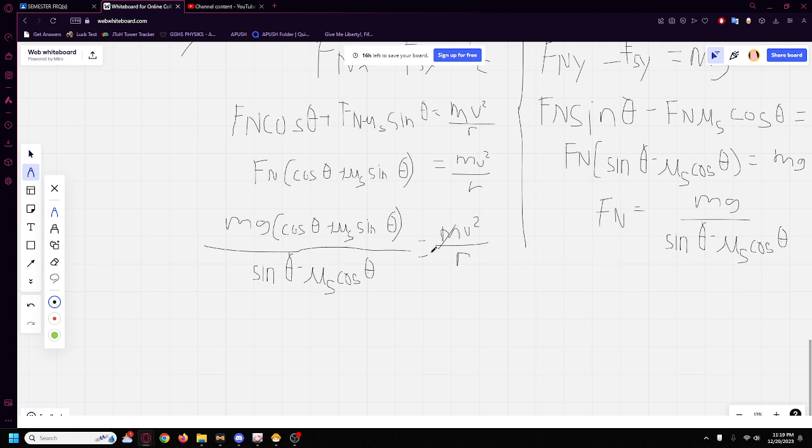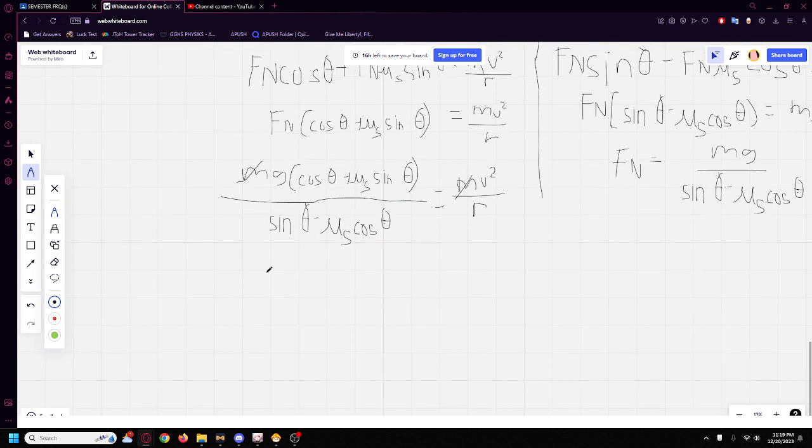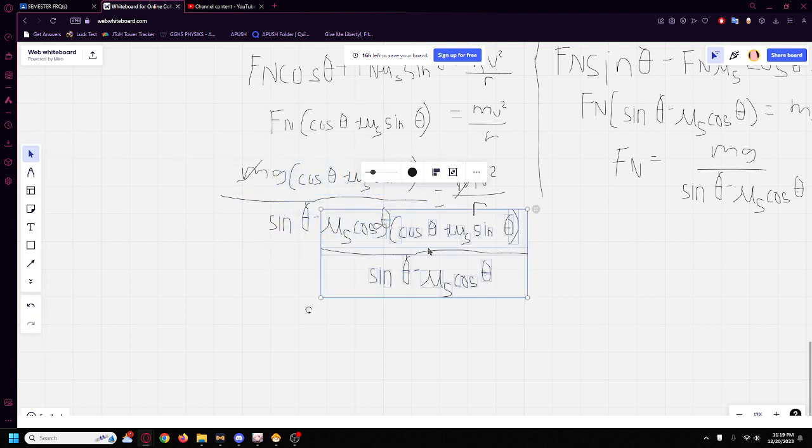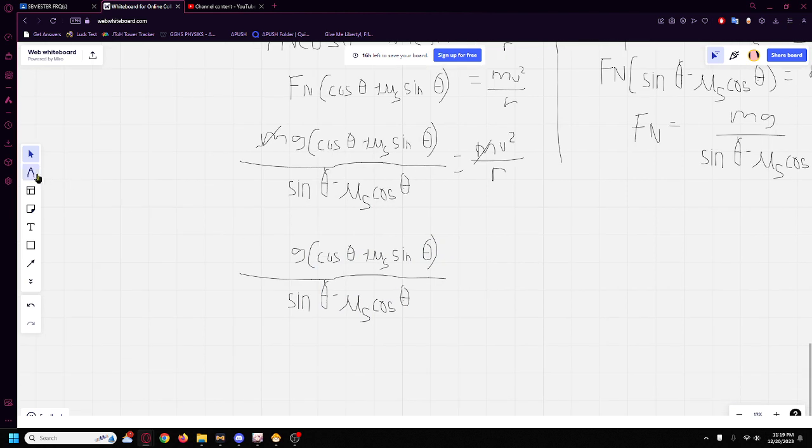Now I can cancel out the m's, and I can now multiply the r, so it will be rg cosine theta plus mu s sine theta over sine theta minus mu s cosine theta is equal to v squared.